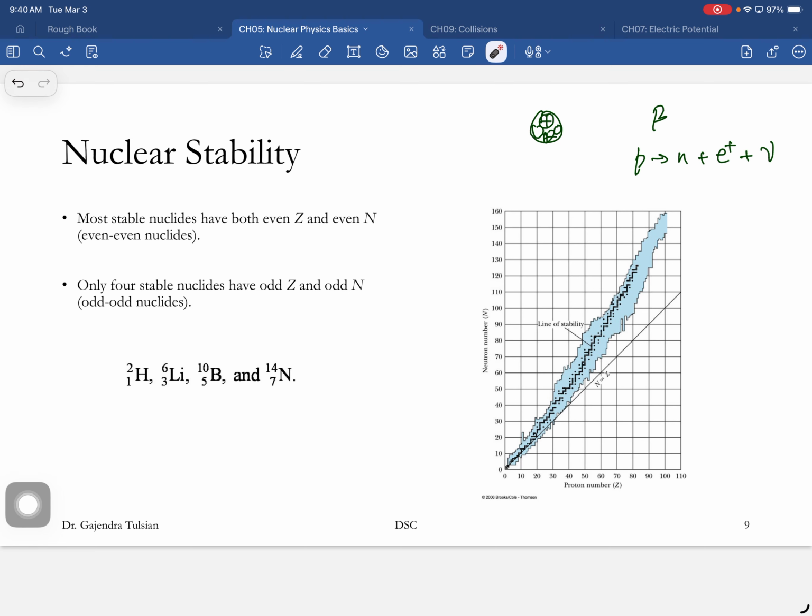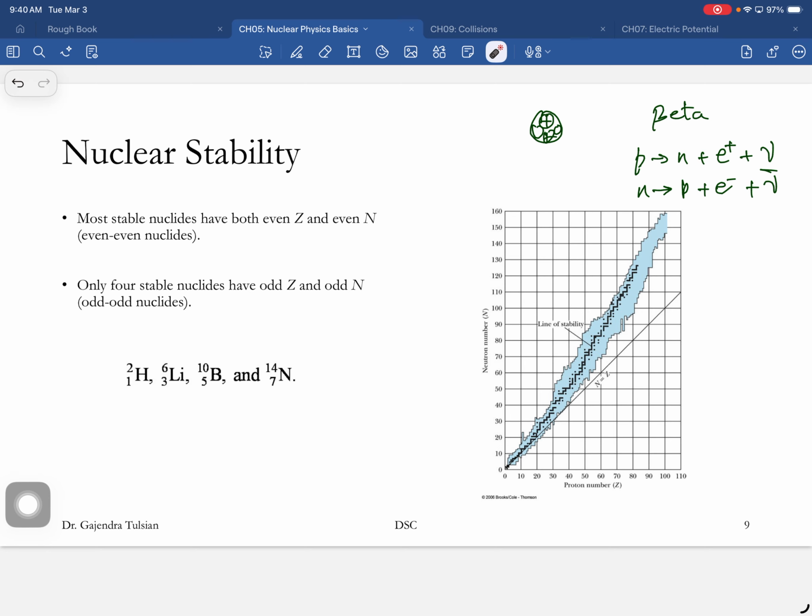If a neutron is turning into a proton in a beta decay, this is what's happening. If a neutron is turning into a proton, a nucleus from here, the neutron number is decreasing and the proton number is increasing, so it's going like that.